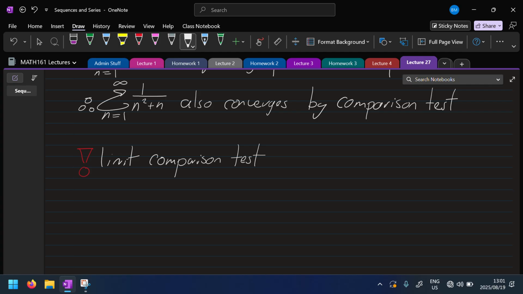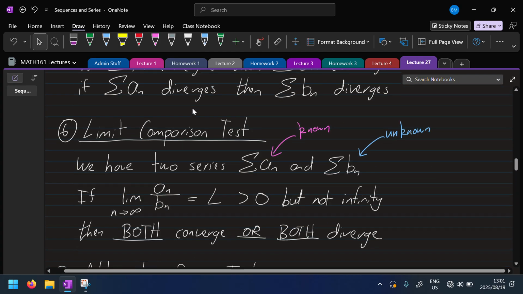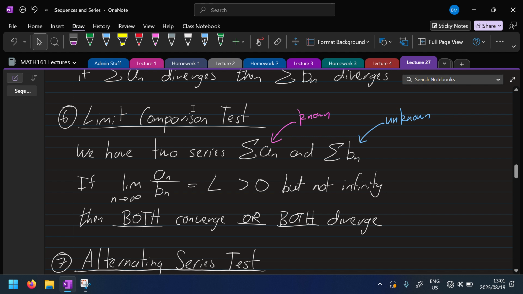It was number 6. So we want to try this one. What do we need? The AN and the BN. Let's go back up to number 6 here. You can see the AN and the BN. One of them is known, one of them is not known. What can we use for the one that's known?